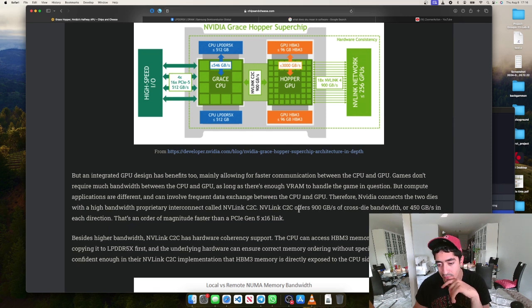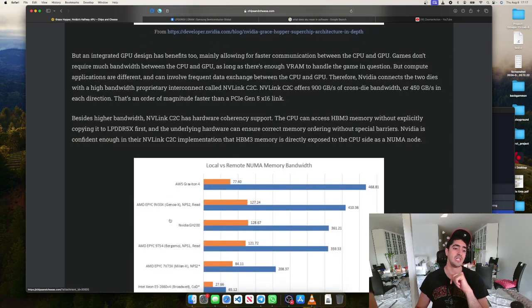NVLink chip to chip offers 900 GB per second of cross-die bandwidth, or 450 GB per second in each direction. That's an order of magnitude faster than a PCIe Gen 5 x16 link. Besides higher bandwidth, NVLink C2C has hardware coherency support.